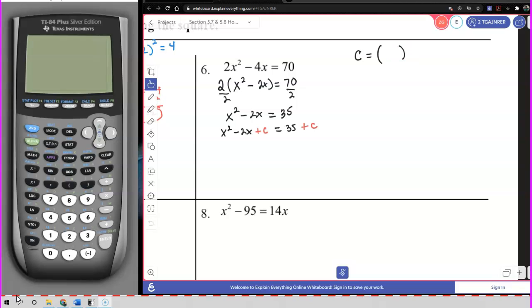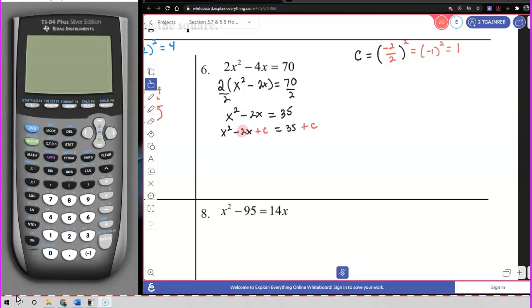The value of b is negative 2. So you're going to get negative 2, then divide by 2, and then you square it. So we have negative 2 divided by 2 is negative 1, squared. Negative 1 squared gives you 1. So I've already found c.